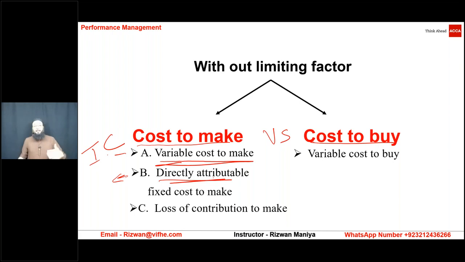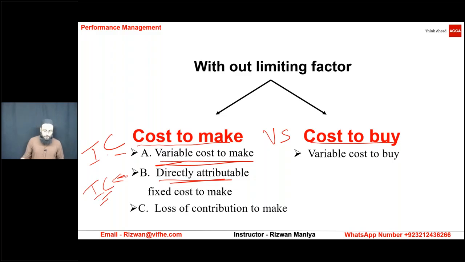It's a cost that will directly arise because of the decision, which means this is a fixed cost that pertains to the decision. If you make a product in-house, then this cost will arise. Okay, so this means this cost is an incremental cost. Yeah, this is an incremental cost. Okay, because it says it's a directly attributable fixed cost. I hope you're getting my point, friends. So it's an incremental one.